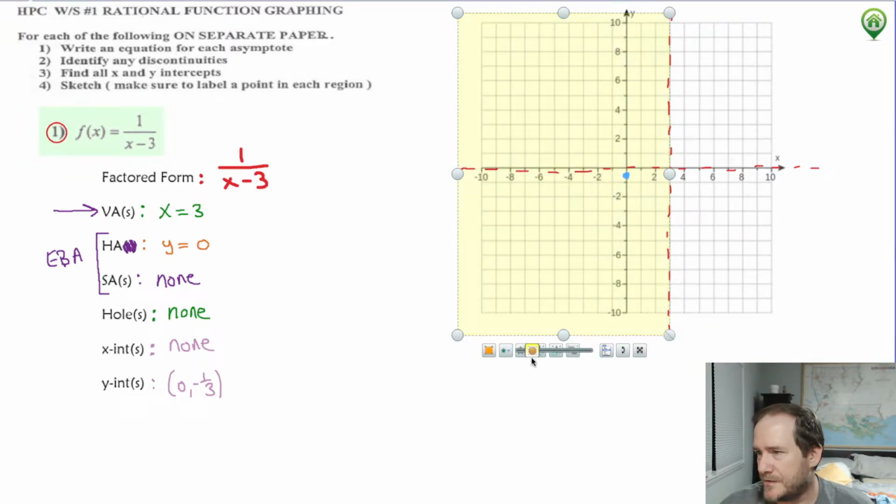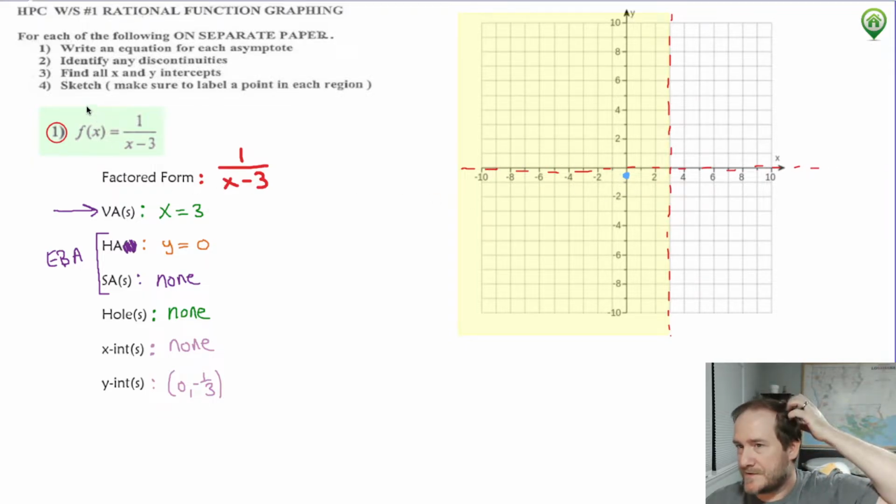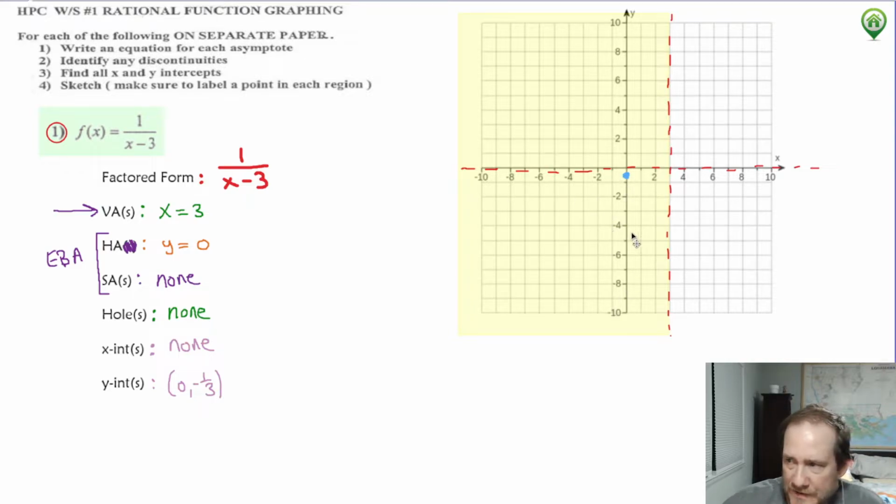When I say test this interval, you just plug in any number that's less than the coordinate of the asymptote, so any number less than 3, and you evaluate, because what you want to figure out is: am I below the horizontal asymptote or above it? I don't have to do a test point for this interval because we have the y-intercept, and we can see that we're below. That tells me the entire branch of this rational function is going to be below and have that hyperbolic shape.